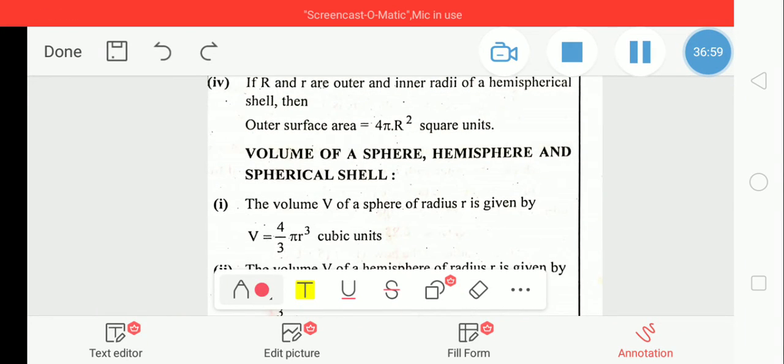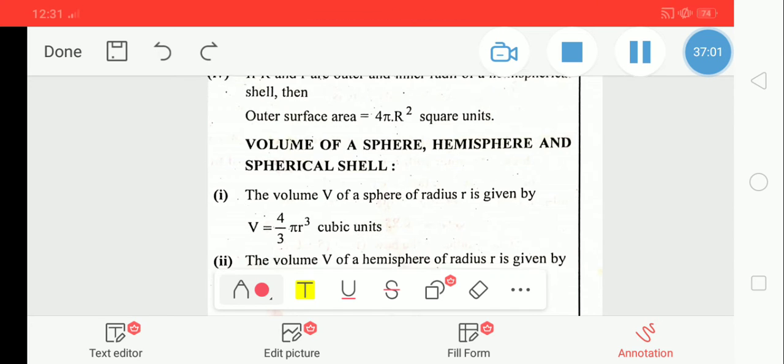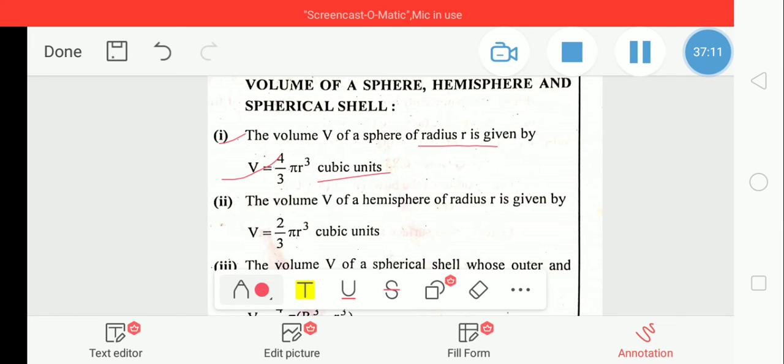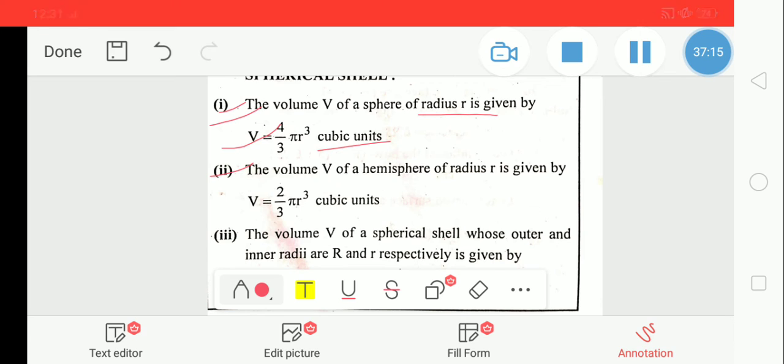Volume of sphere, hemisphere and spherical shell. Find the volume. So volume V of a sphere of radius r is V equals 4 by 3 pi r cube unit. This is the volume of sphere. Now volume of a hemisphere of radius r is V equals 2 by 3 pi r cube unit.